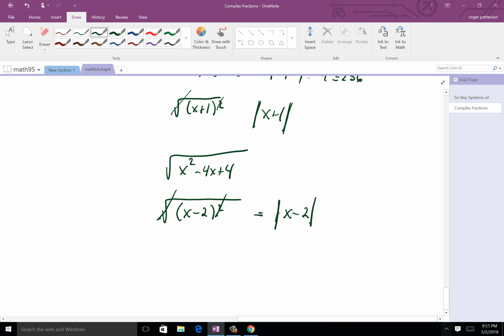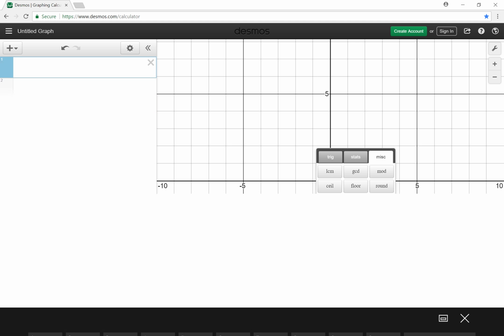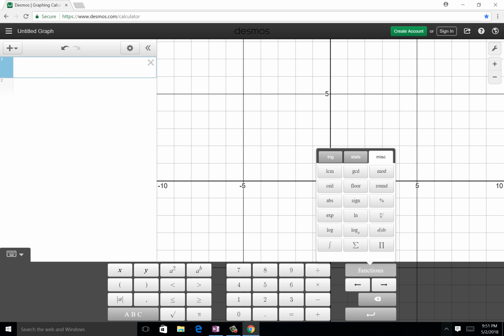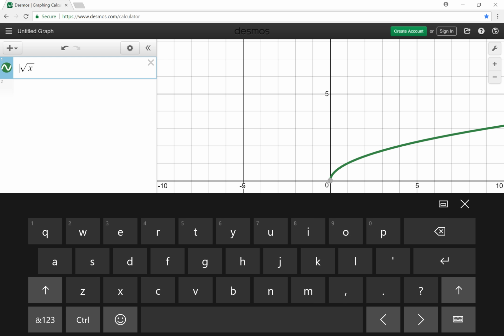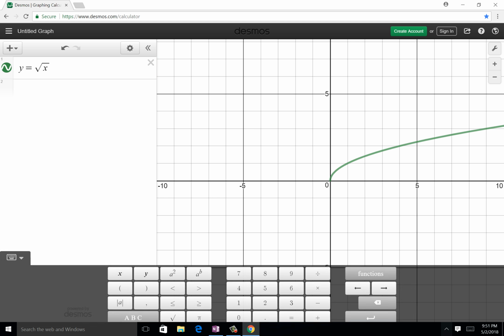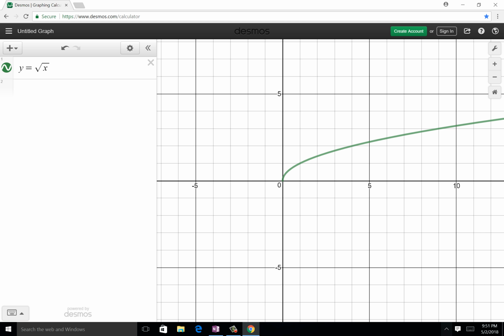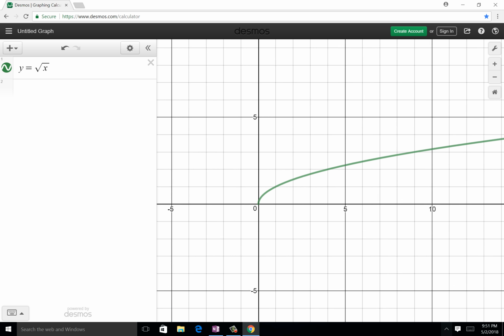Let's go ahead and do this. Let's talk about the domain of a square root function. So let me go ahead and put in square root of x. I'm going to go y equals here. There's our y equals. So remember, domain is going to be x's are what we input into the function.